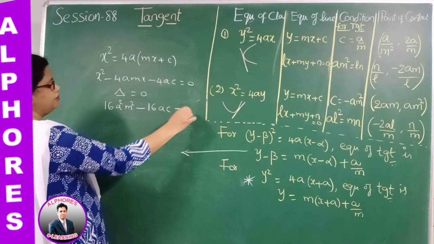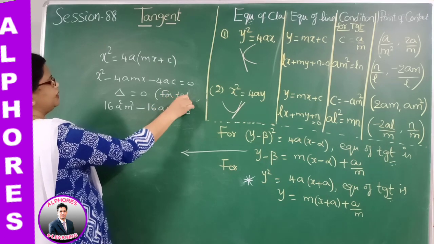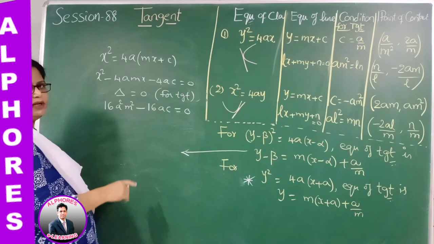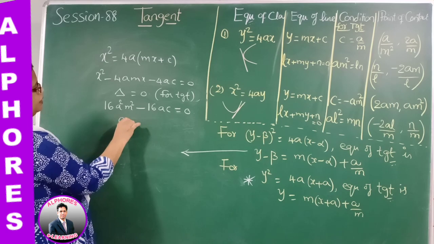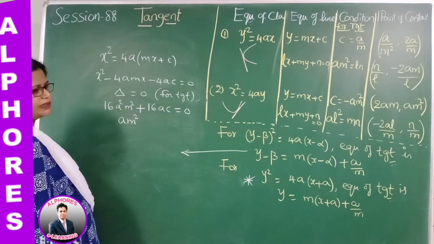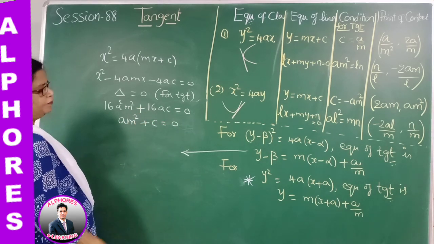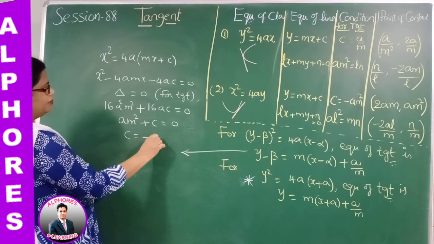This value has to be 0 for the line to be tangent. Then if you divide by 16a, you get am² plus c equals 0.